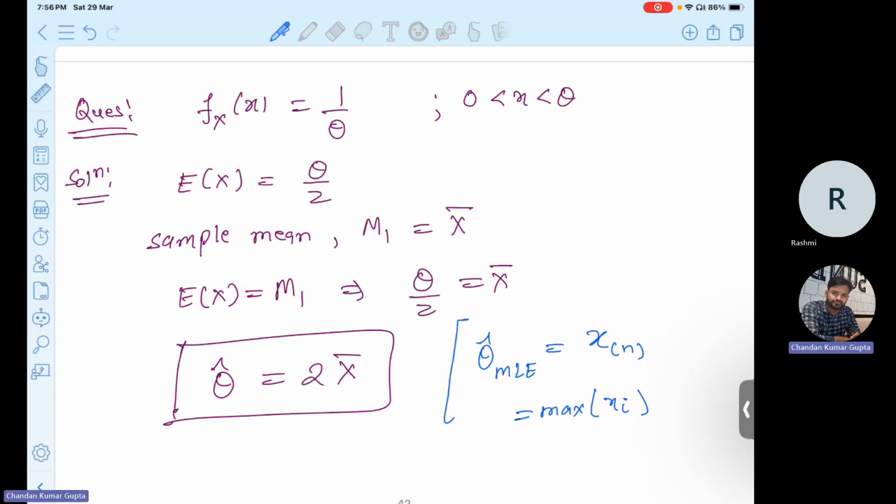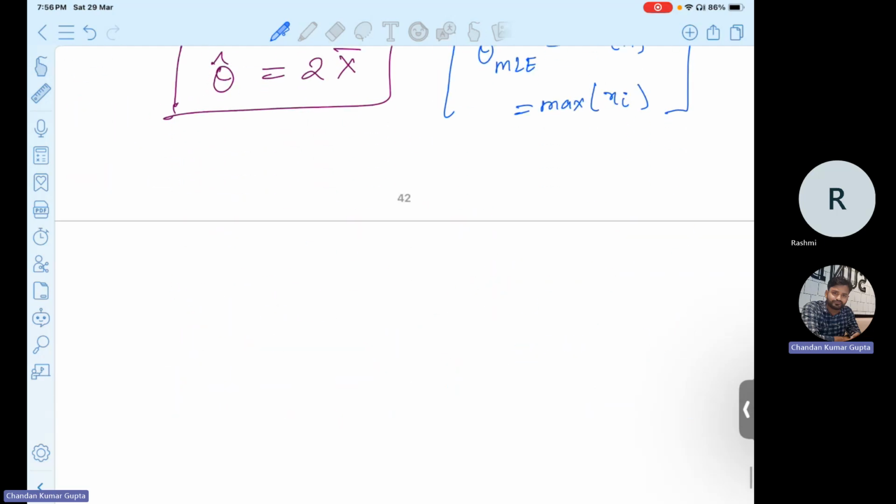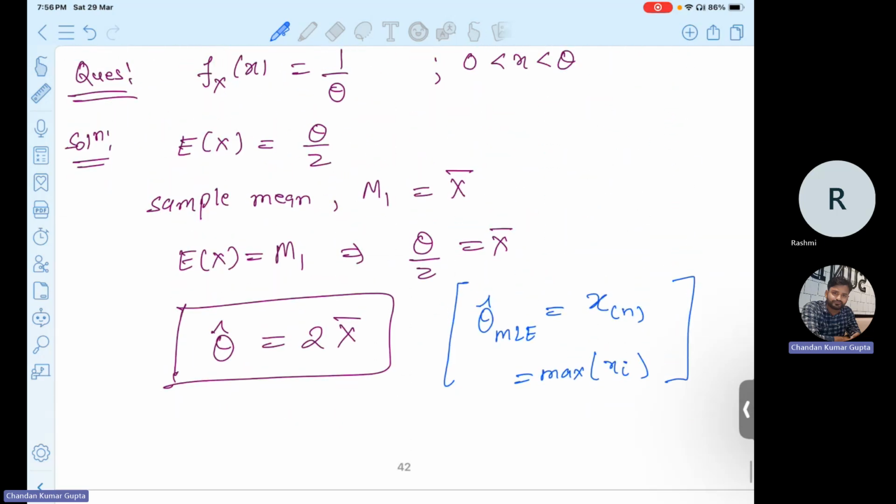So this is the MLE of theta, and twice the sample mean, 2 x bar, is the method of moment estimator for the parameter theta. So this is how we are able to solve.